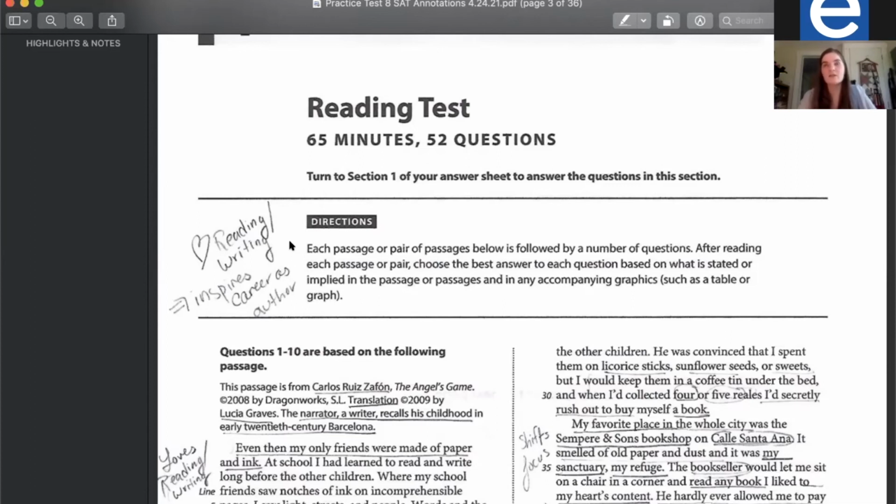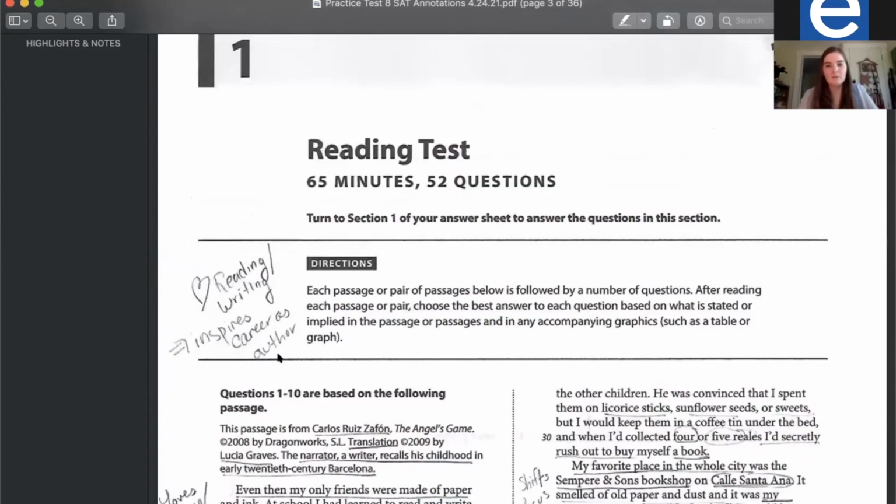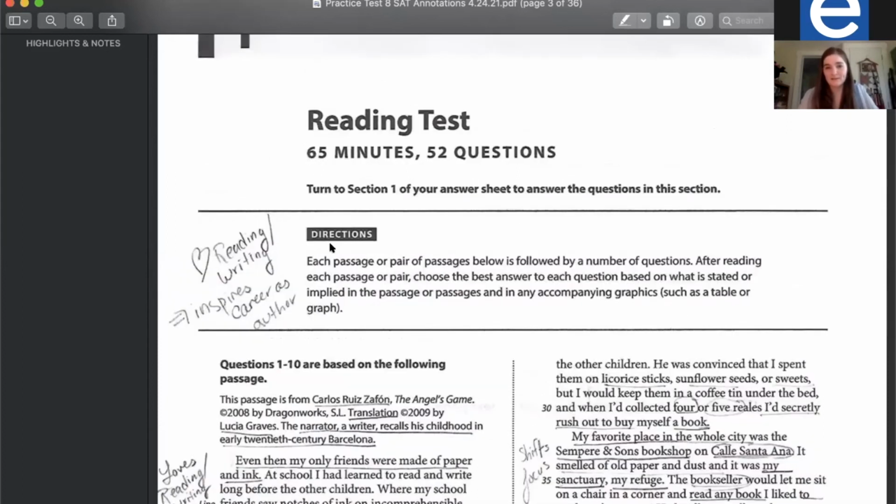So there are tons of different options in terms of what you could be asked on the writing and language test. The best way to prepare is to know that they're really testing your editorial skills, and your understanding of language and grammar, including punctuation.